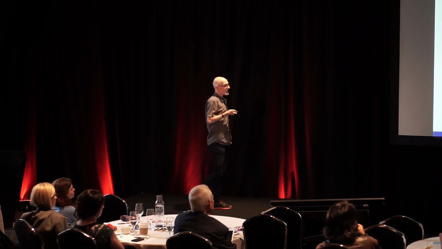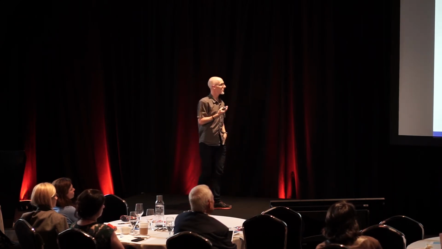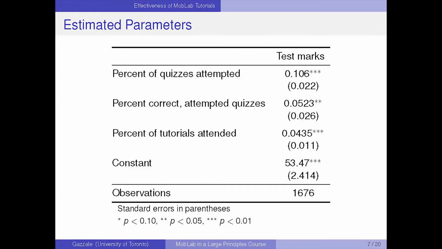I also, in this same model, put in the percent of tutorials attended since the last term test. And I find a significant effect here as well. And so to put this in perspective, it is not uncommon for a student's tutorial participation to range from, for example, 75% to 25%. That happened in at least 25% of my students, that they had a swing in tutorial attendance of 50 percentage points.